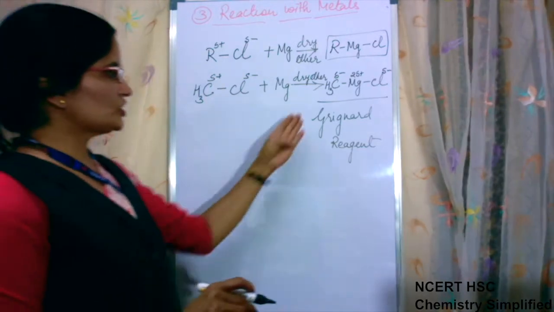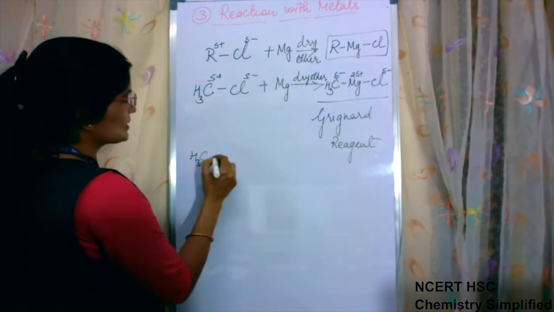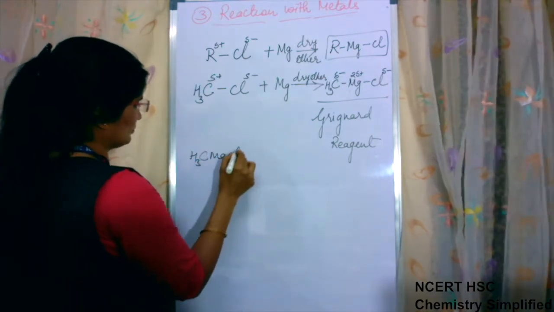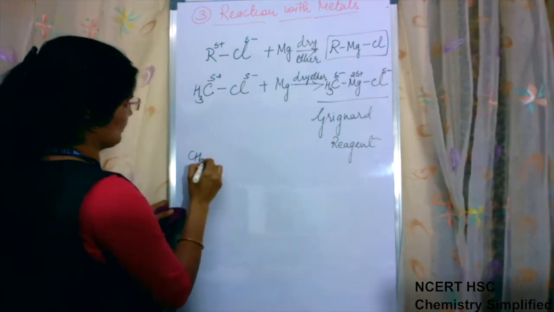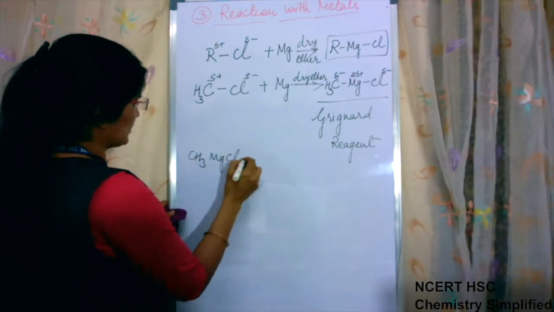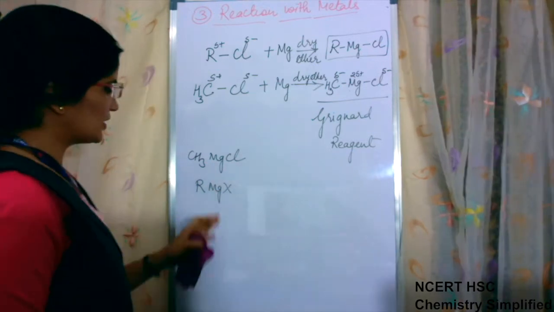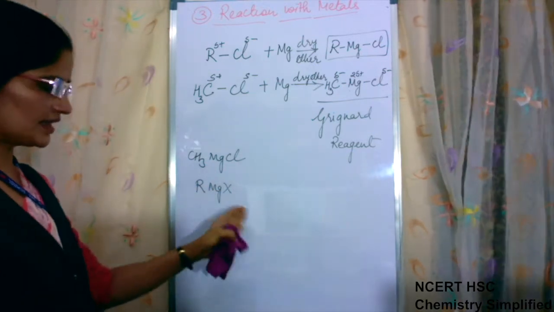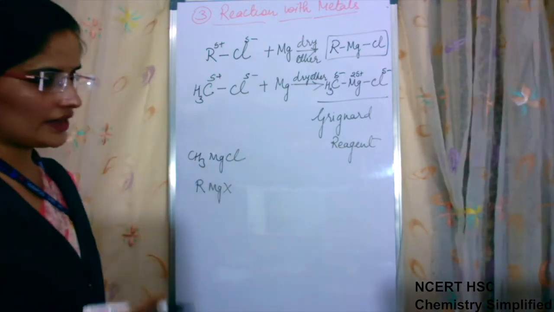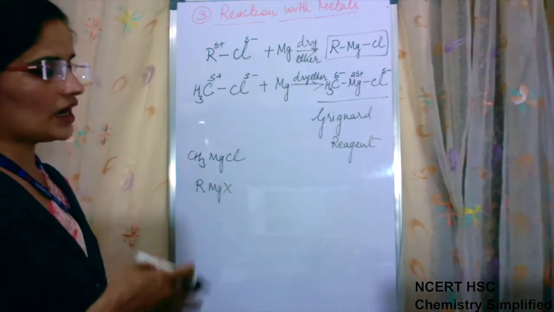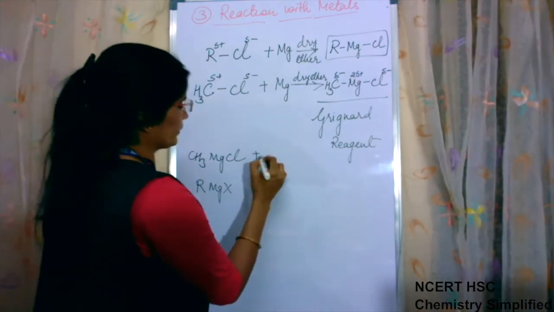The Grignard reagent prepared is highly unstable to moisture. Let me write it in the correct way. CH3MgCl or RMgX. In general we write it as RMgX, Grignard reagent, CH3MgCl. These are very unstable if they come in contact with any compound which can give them a proton like water.